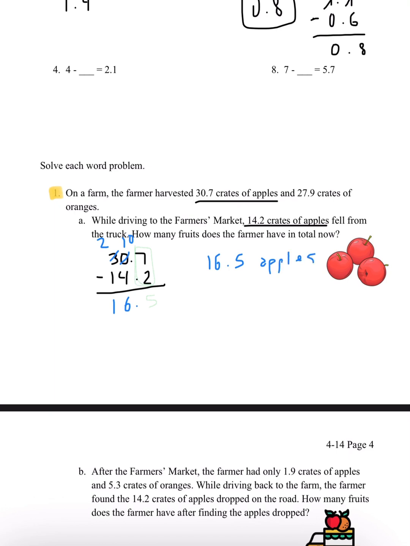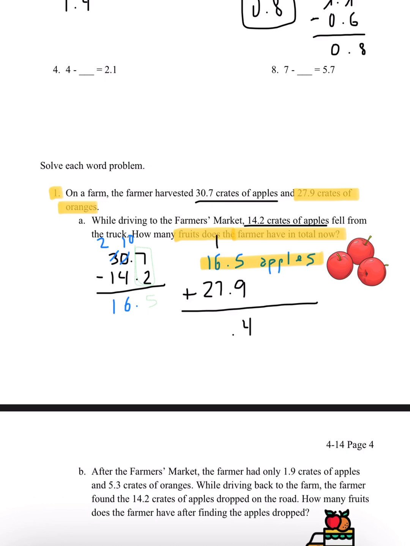But it says, how many fruits does the farmer have in total? So it says all the fruits. So the fruits we have are apples and oranges. So we're going to add 16.5 apples plus 27.9 of oranges. 5 plus 9 is 14.